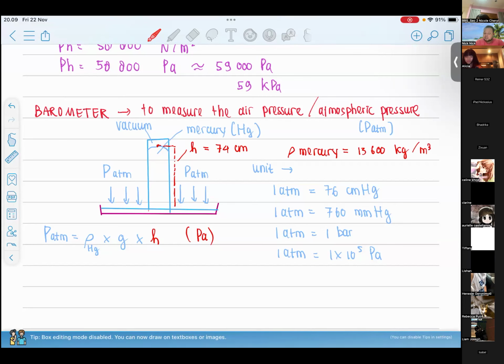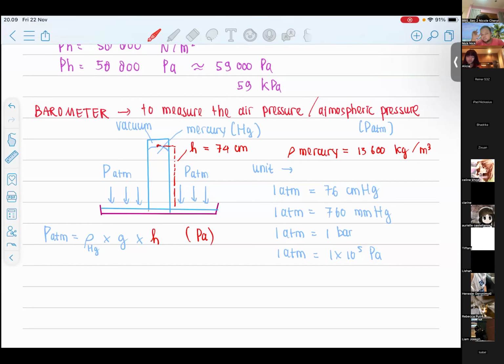It is 13,500 something, and then we round off to become 13,600. Okay, let's try to find the atmospheric pressure here. The density of mercury is 13,600, right?